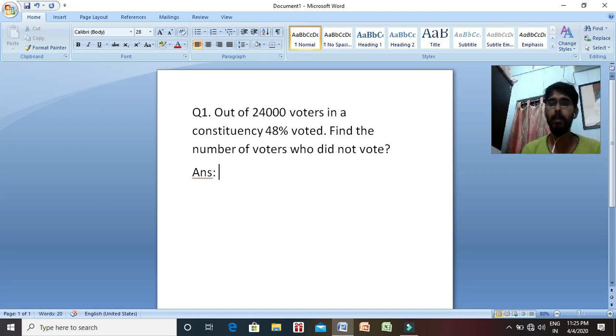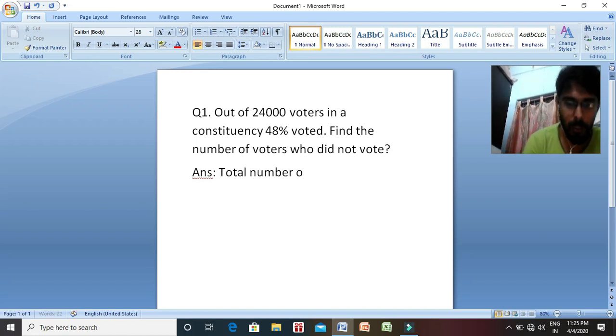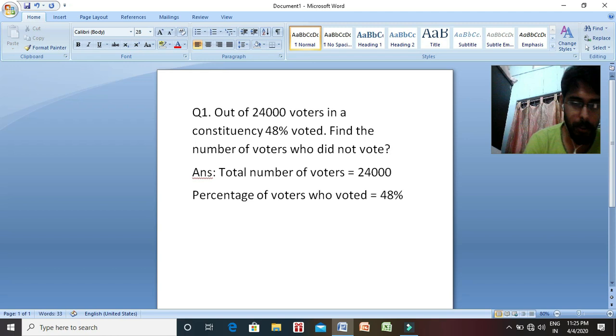The other way shall be, we need to find out the number of persons who have voted and we need to subtract it from the number of persons who have not voted. So let us take any of the ways. Let us take the first way, which we have said that the remaining percent will not vote. So total number of voters is 24,000. Percentage of voters who voted is 48%.